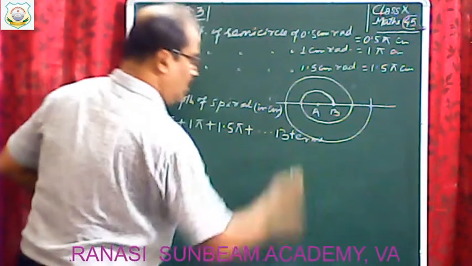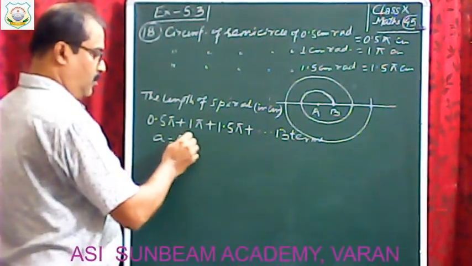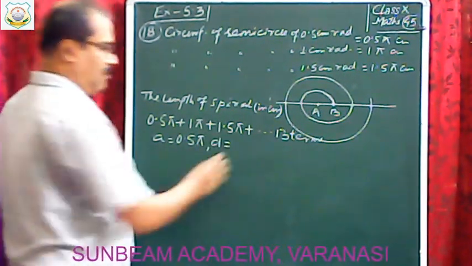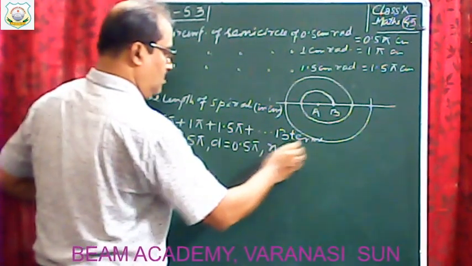So A equal to 0.5 pi, D equal to 1 minus 0.5, so 0.5 pi, N equal to 13.